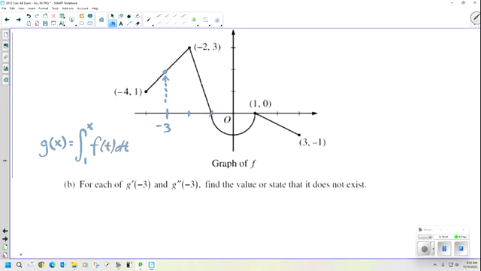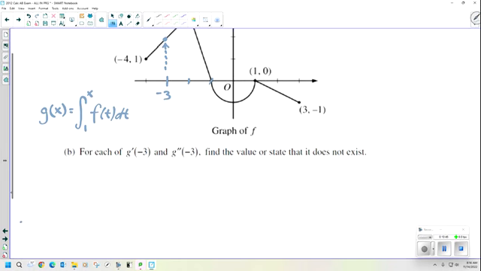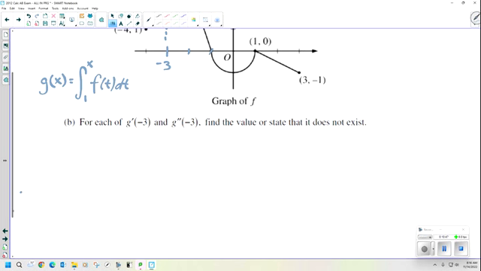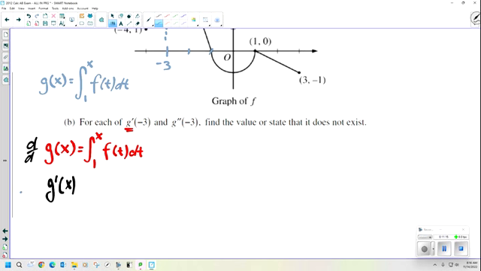So let's establish, before we plug in the negative 3, what our derivatives are. Let's find g prime of x first, then we'll throw in the negative 3. If g of x is the integral from 1 to x of f of t dt, I take the derivative of both sides.